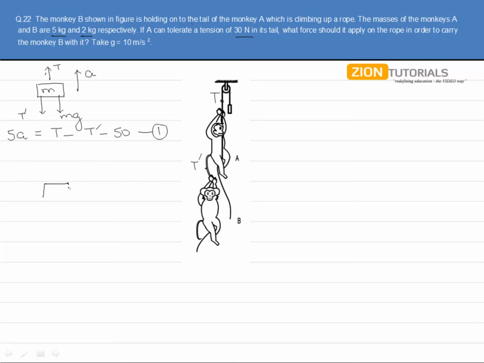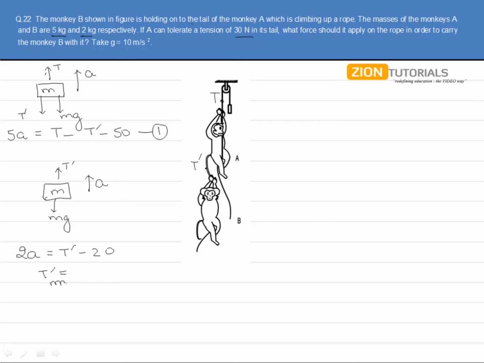Similarly, we can draw the free body diagram of monkey B, where we have the mass M, T dash in the upward direction, mg in the downward direction, and an acceleration a in the upward direction. Obviously the accelerations of monkey A and B need to be the same in the upward direction. So from here we get mass into acceleration equal to upward minus downward forces, giving us T dash.